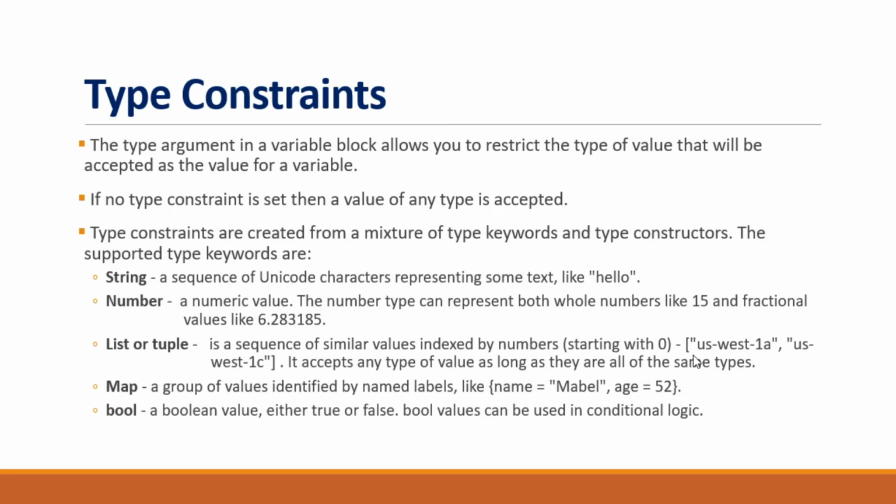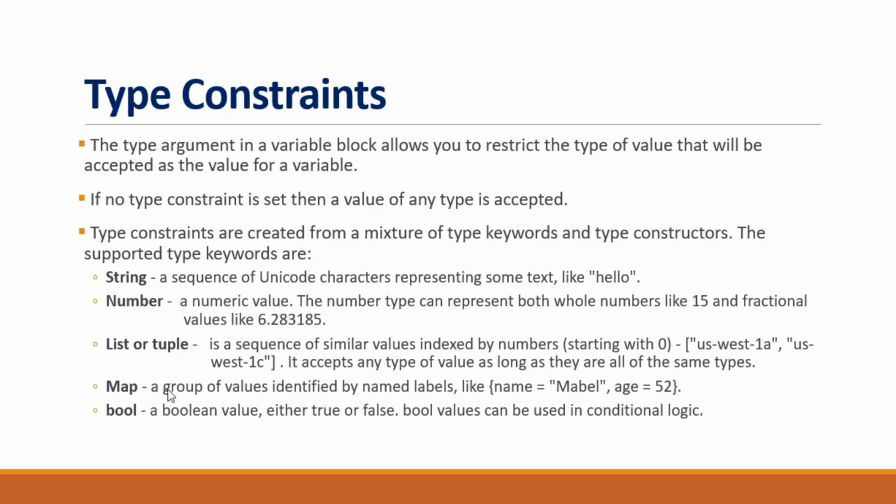If you have to fetch a particular value from this list, the numbering starts not from 1, it starts from 0. If you put 0, then you will get the value us-east-1a. If you put 1, then you will get the value us-east-1c. We will see in the demo, then you will understand more. Just remember in the list the numbering starts from 0, not from 1. It accepts any type of values as long as they are all the same type.